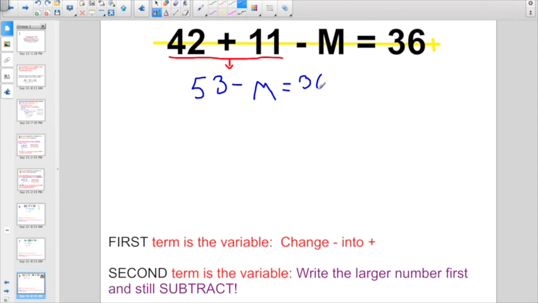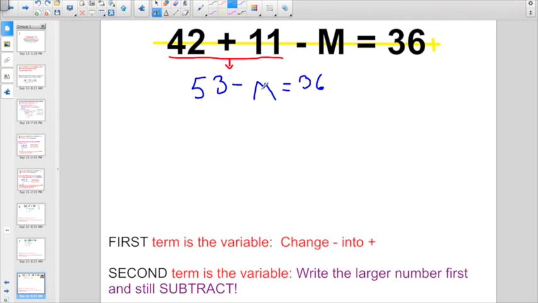Here is where we determine first term or second term, when you're down to only 3 terms. So 53 is the first term. M, the variable, is your second term. 36 is the third term. The variable is the second term. So I want to write the larger number first and still subtract when it's time to isolate.